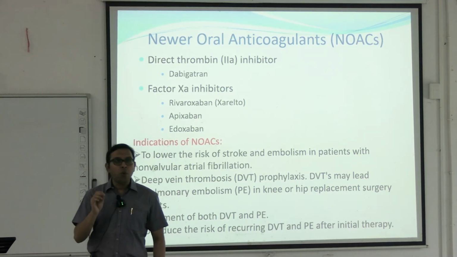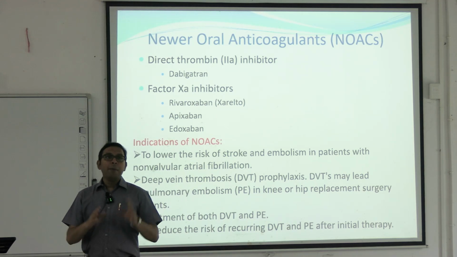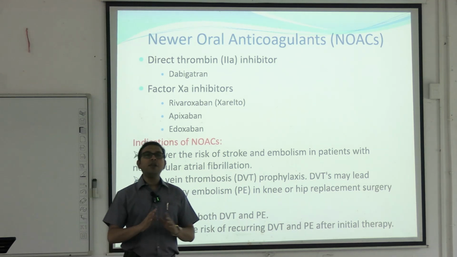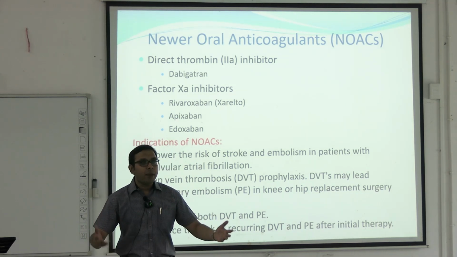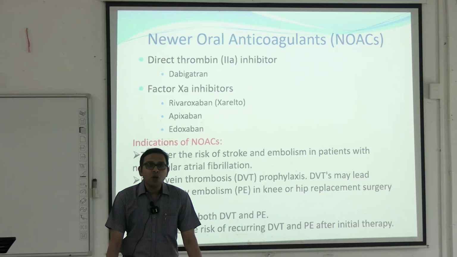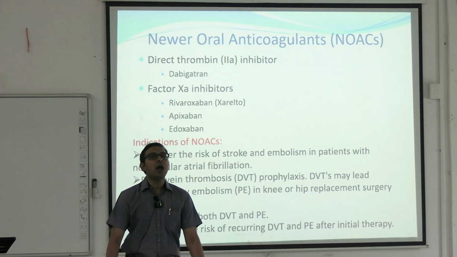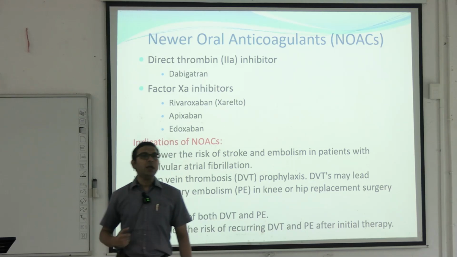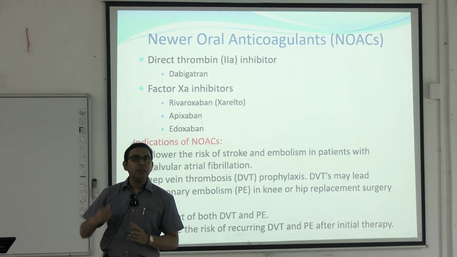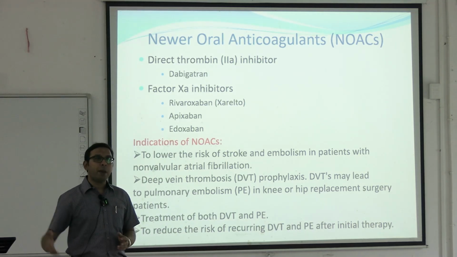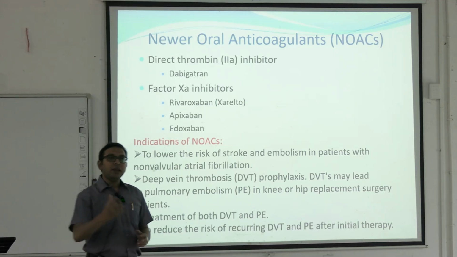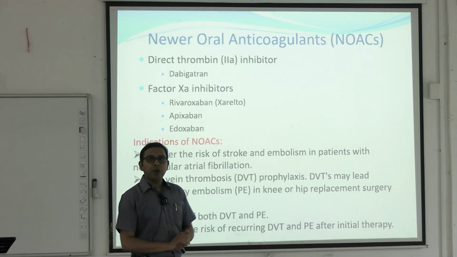The most common coumarin derivative is the warfarin. But with this warfarin, there are different types of problems. What are the problems? Already we have seen. When we are using warfarin, there are always chances of the bleeding if we are not monitoring it adequately. Because if the INR is greater than 4, there are more chances of the bleeding, and if it is less than 2, there will be subtherapeutic effect.